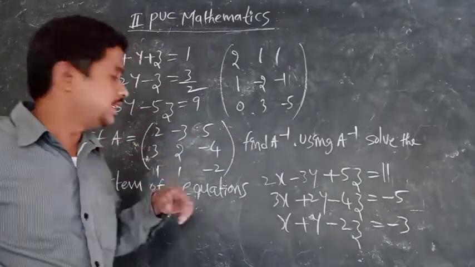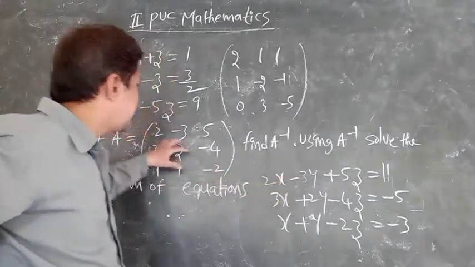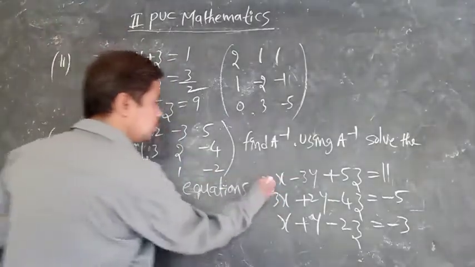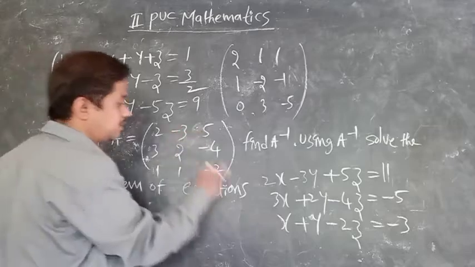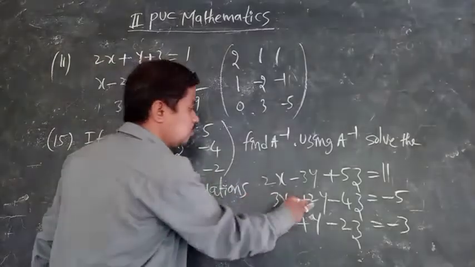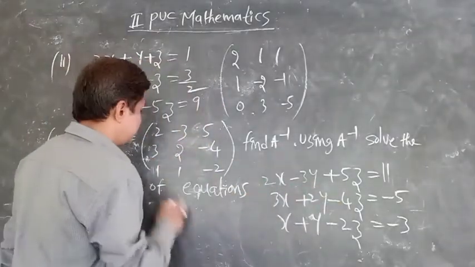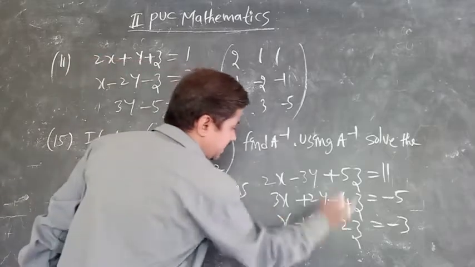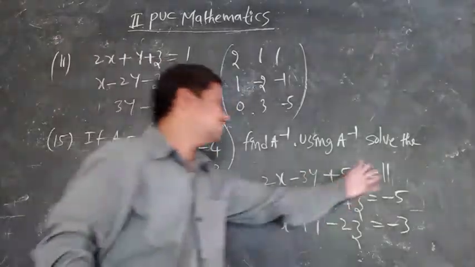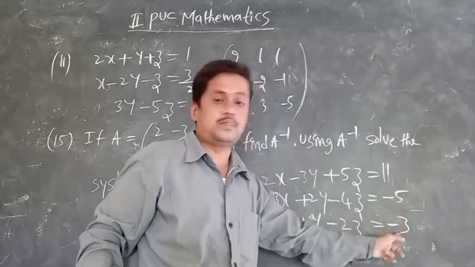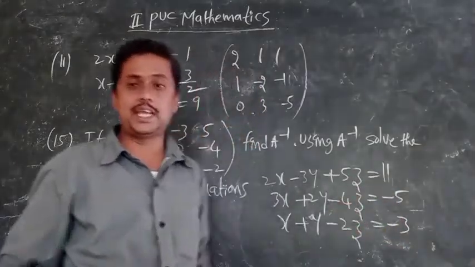This is nothing but the same matrix comes here too. Now the matrix is 2, minus 3, 5; 3, 2, minus 4; 1, 1, minus 2. See, it is the same. Create the B matrix: 11, minus 5, minus 3, and the X matrix is the column x, y, z.